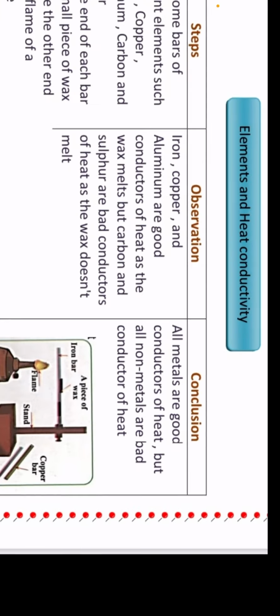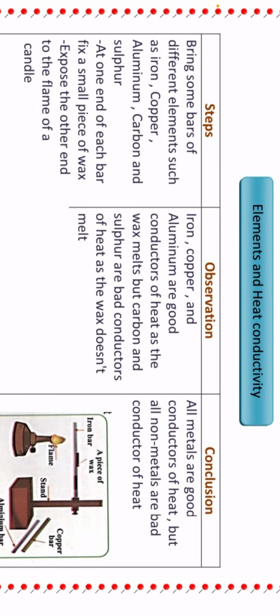So, in this lesson, we know that an element is the simplest pure form of matter that cannot be analyzed into two substances. We have 118 elements, 92 natural elements, while 26 artificial elements. We know that the element consists of molecules.